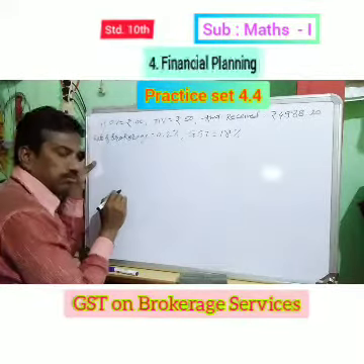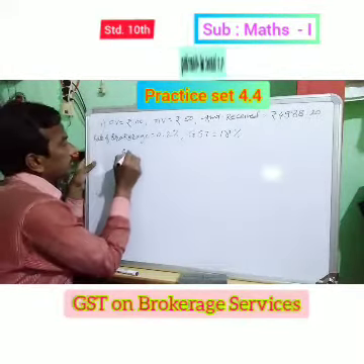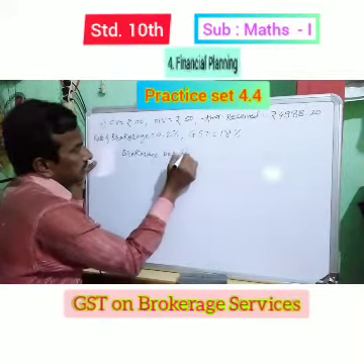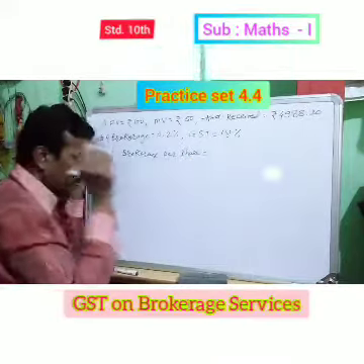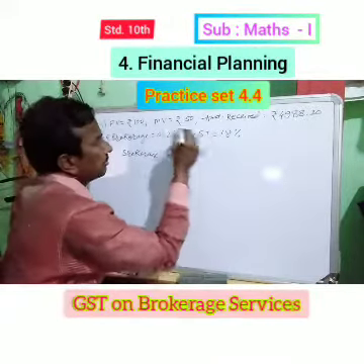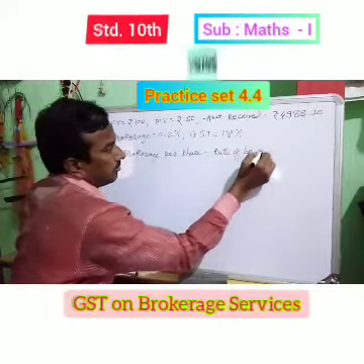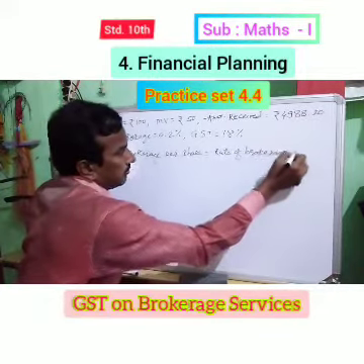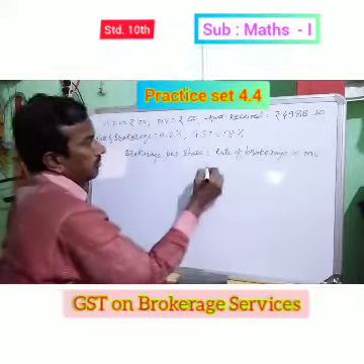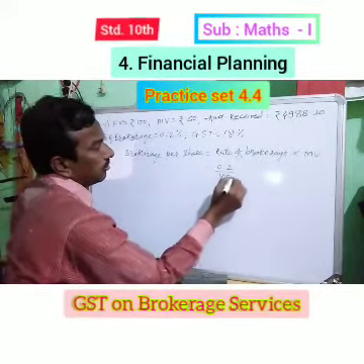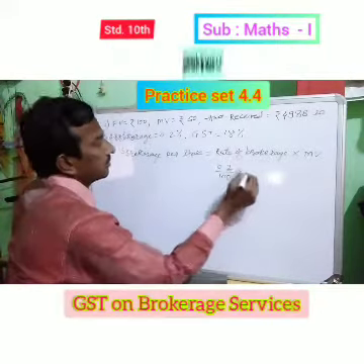We have to find out first the brokerage per share. Brokerage per share is rate of brokerage into market value. Rate of brokerage is 0.2%, means 0.2 upon 100 into market value of share, which is 50.